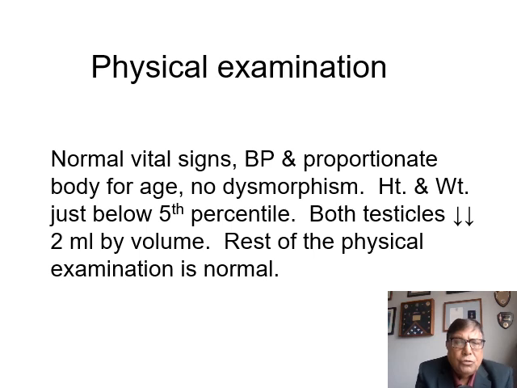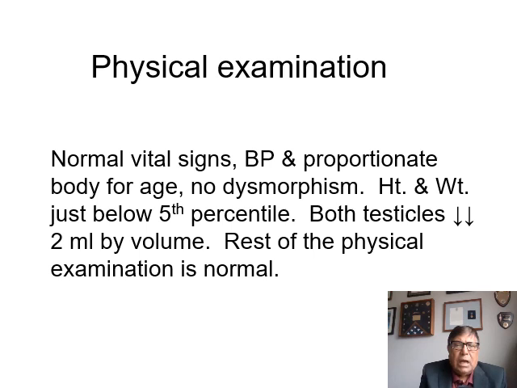Physical examination shows he has normal vital signs. His blood pressure is normal, and the body is very proportionate for his age. Has no dysmorphic features. Height and weight is just below 5th percentile.